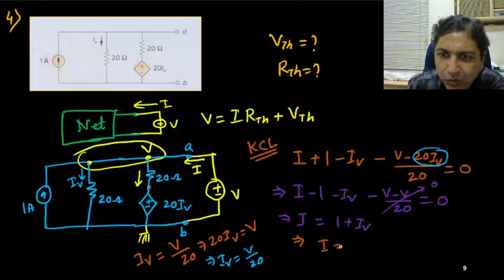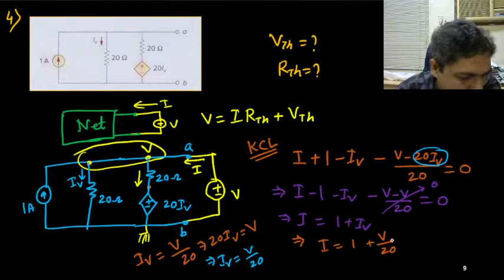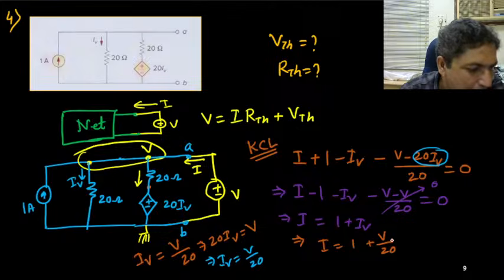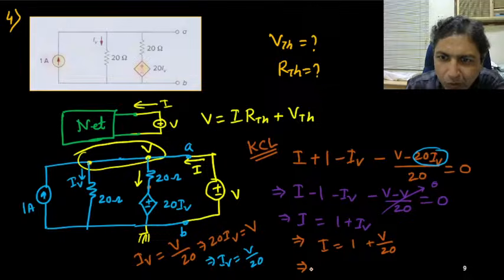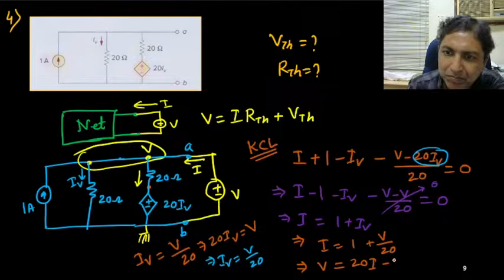This I equals to 1 plus V upon 20. Is it okay? So what is V? Can you simplify this V? V is 20I minus 20.